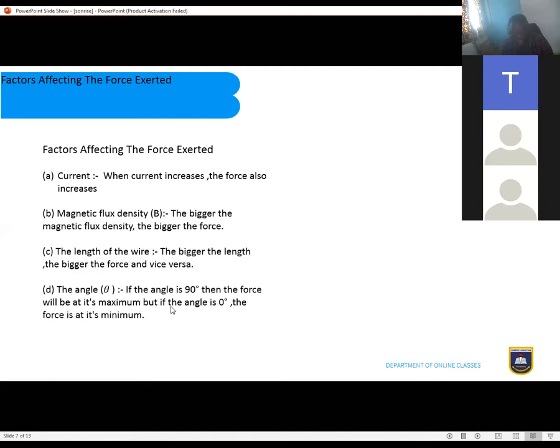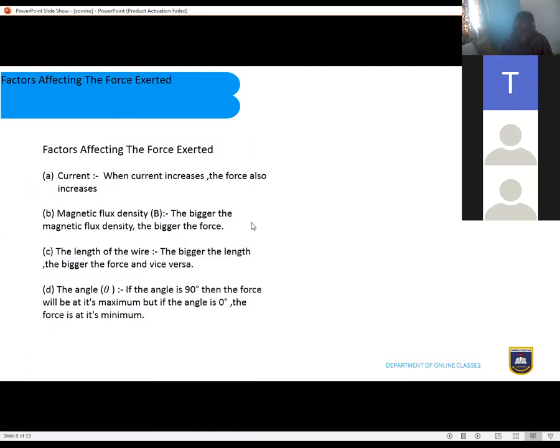Let's look at when our angle theta is 0 degrees. What happens? The force will be at its minimum. Why are we saying that? If theta is 0, sine 0 is 0, and 0 times BIL will give you 0.